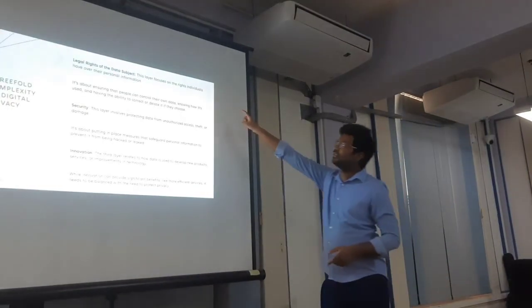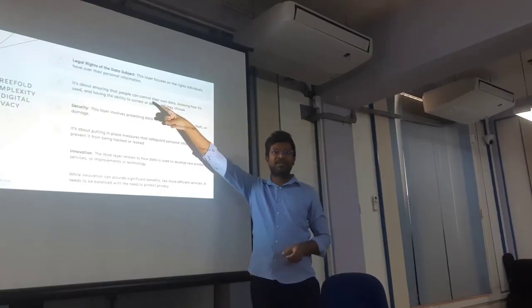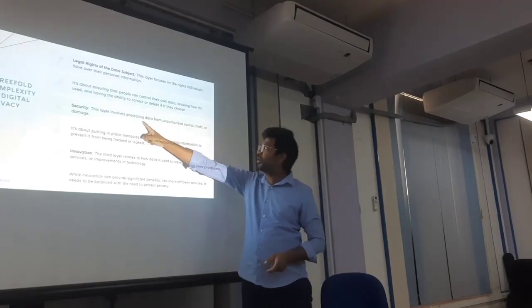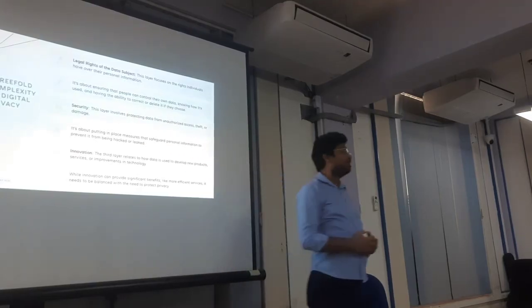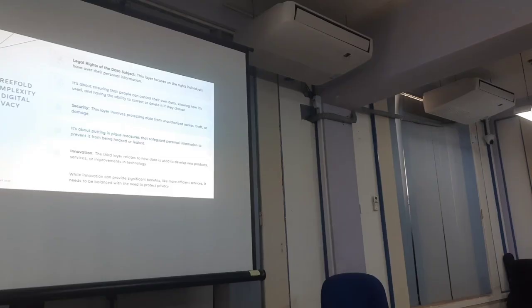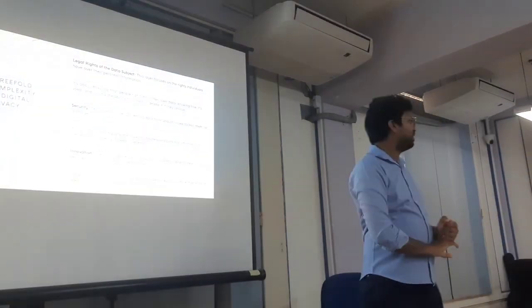First, legal rights of the subject. This layer focuses on the individual and the rights they have over their personal information, PII. Second, security. This is about protecting the data from unauthorized access. What are the three key aspects of security?